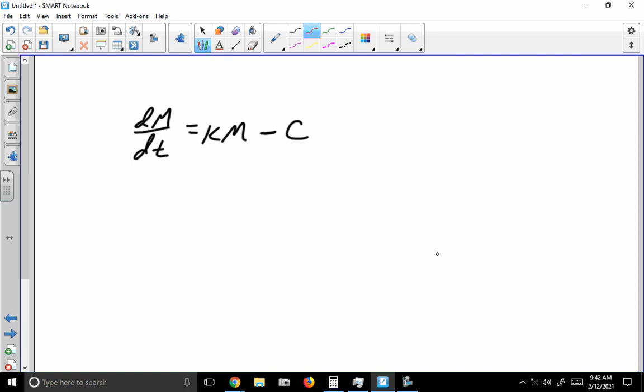Now, another situation that we're going to come across is when we're removing material from our system at a constant rate. So there's a problem from homework that says the rate at which the mass of fish is changing is proportional to how much fish we have in our pond.